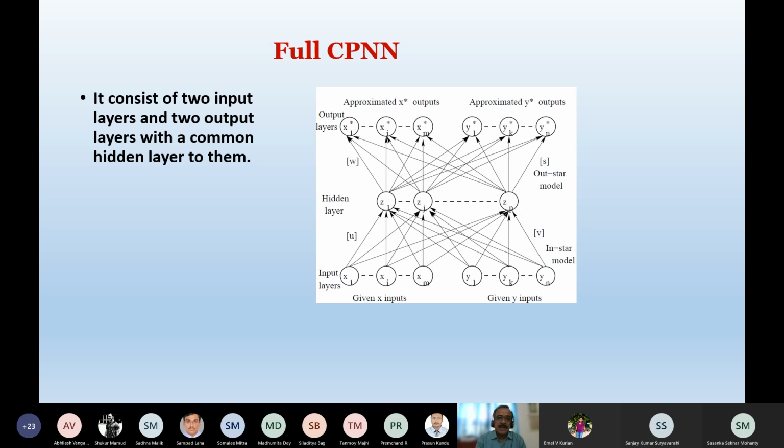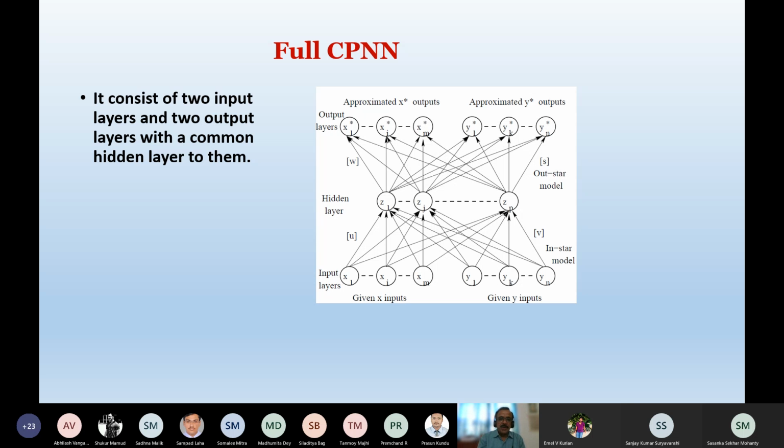Here I have represented the output layer by star. So x1, x2 up to xm star represent the approximated x star outputs, and y1 star, y2 star up to yn star represent the approximated y star outputs.